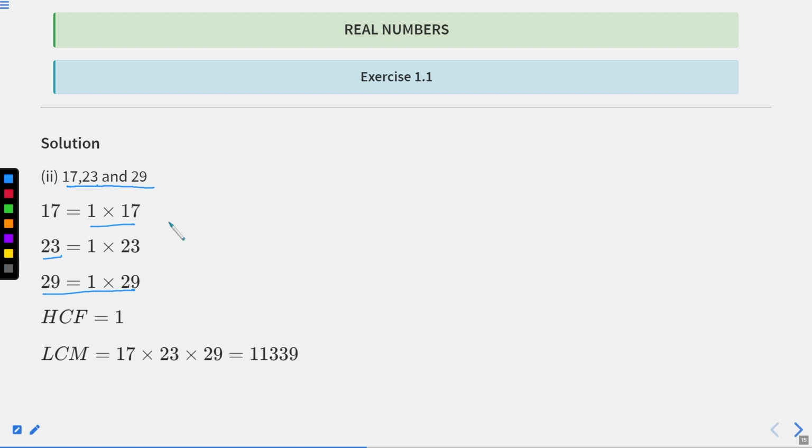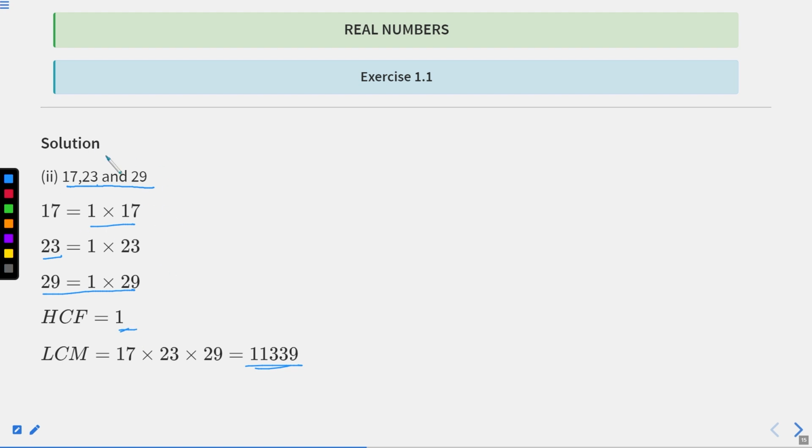So the HCF of 17, 23, 29 is equal to 1, and the LCM is the product of these three numbers. So the LCM of 17, 23, 29 is equal to 17 into 23 into 29, and this is equal to 11339. So this is the LCM and this is the HCF of these three numbers.